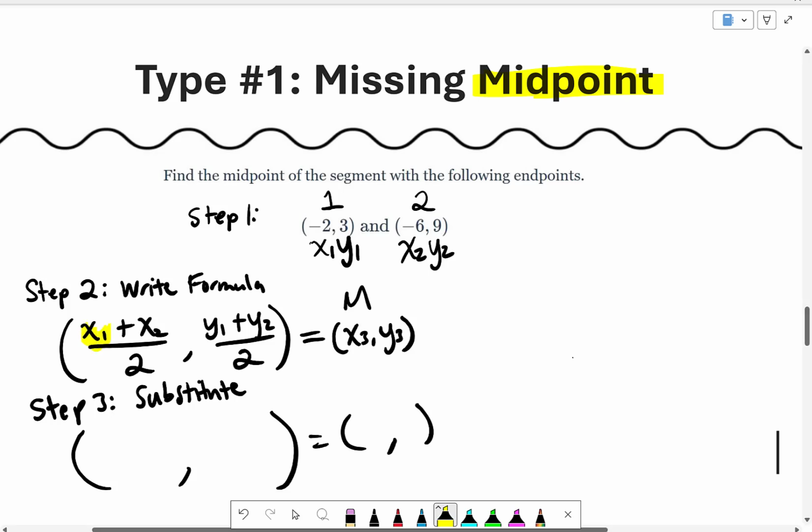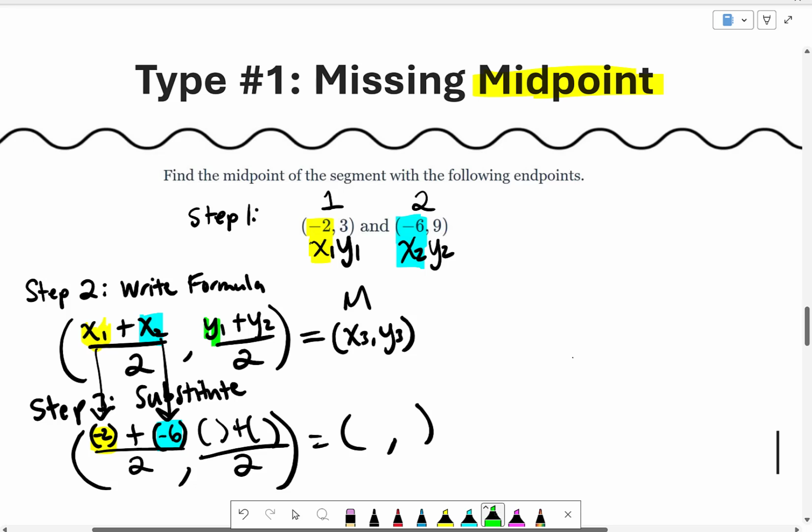So, x1 is -2. x2 is -6. y1 is 3, and then y2 is 9.